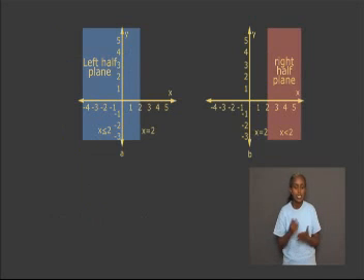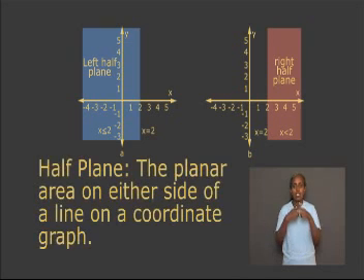This equation of the line is essential to finding graphical solutions of systems of linear inequalities. In essence, this equation divides a graph into 2 distinct planes, and each of these regions is called a half-plane.